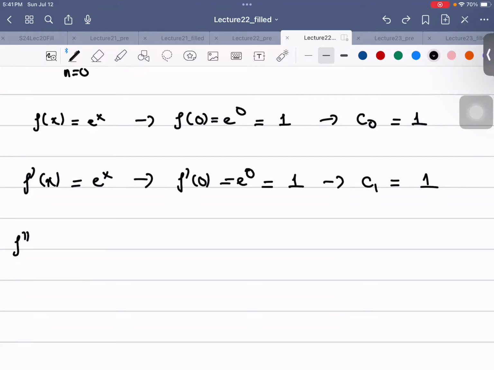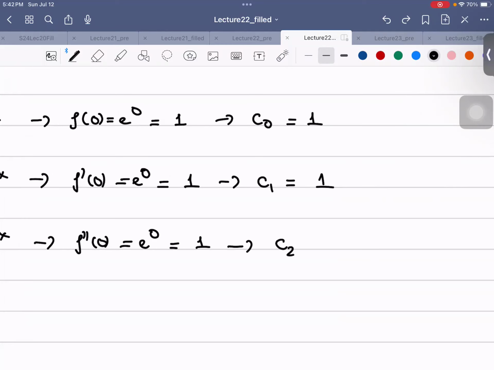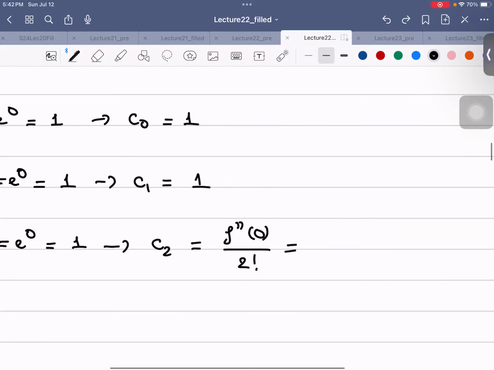Okay, and then you do the same thing. You have f double prime of x equal to e to the x. Therefore f double prime of 0 is e to the 0, which is also 1. So C2 will be f double prime of 0 divided by 2 factorial, which is 1 half.